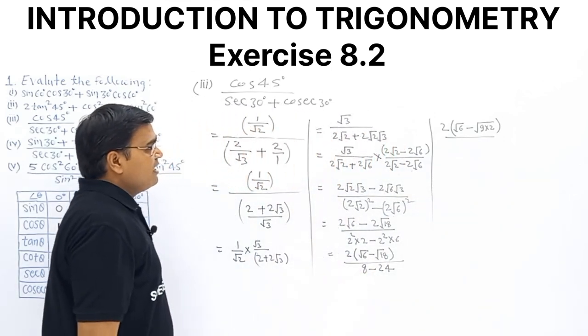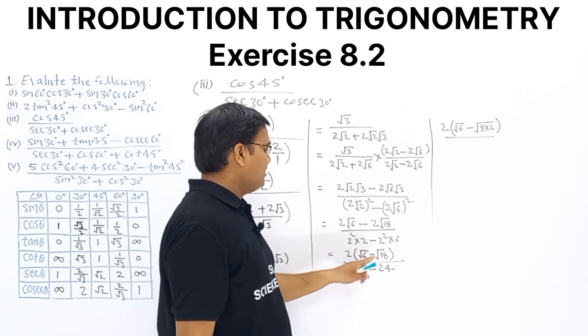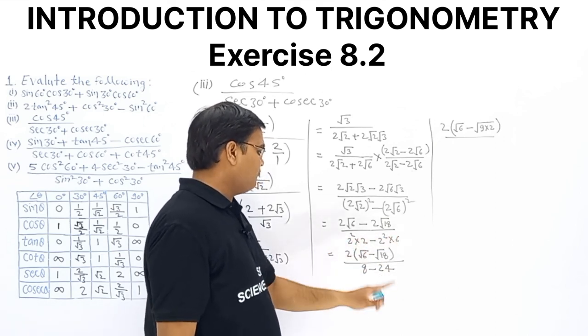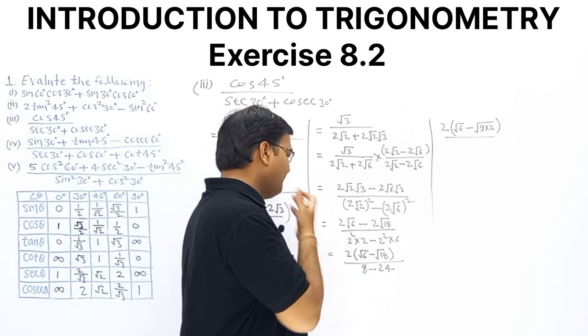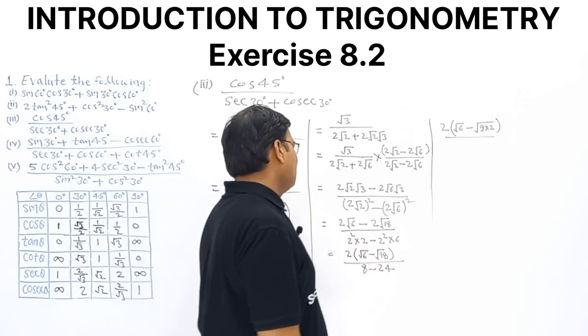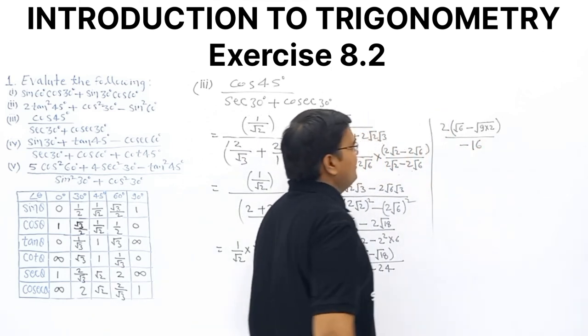In the denominator we are having 2 2s are 4, 4 2s are 8, 4 into 6 is 24, 24 minus 8, what is the remaining? 24 minus 8 will be minus 16 we are having.